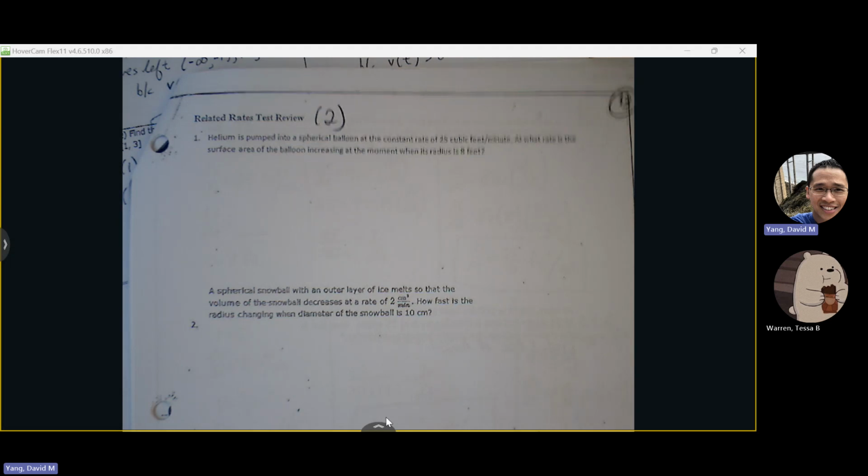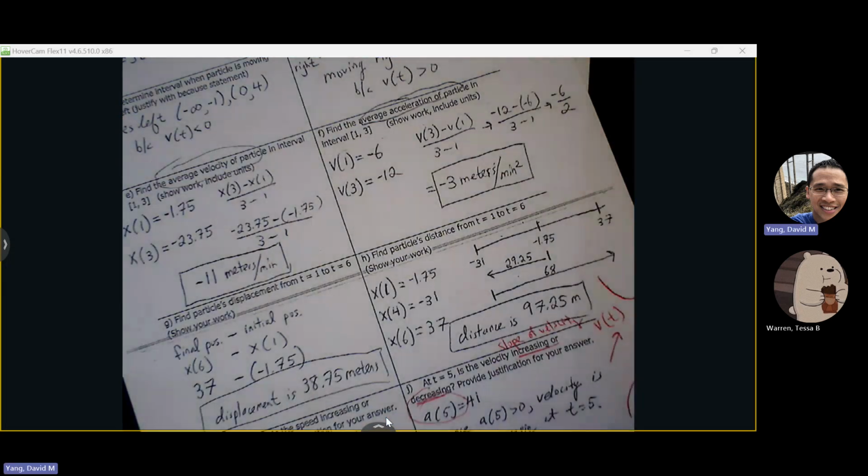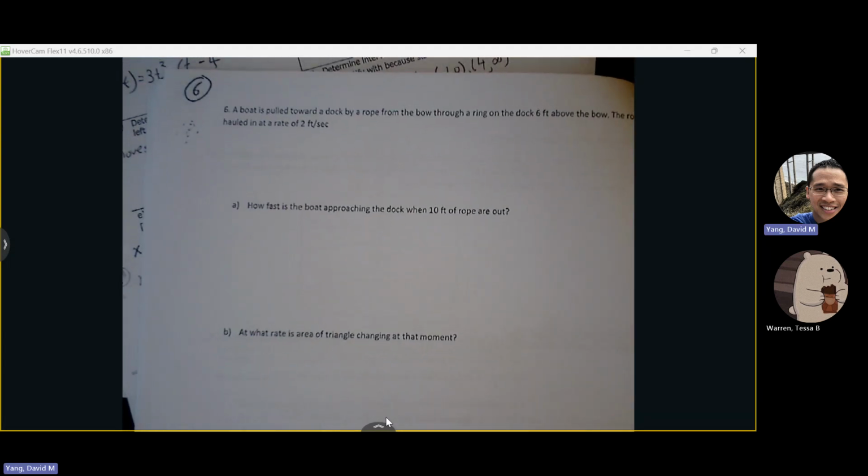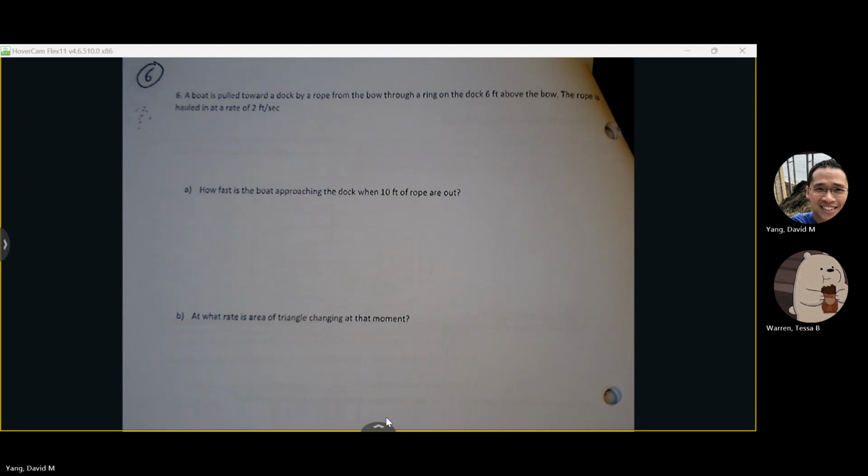Page 6 of the review, how did you get y is equal to 8? Are you talking about number 6 and number 7? 6a. 6A, okay. Let's see.